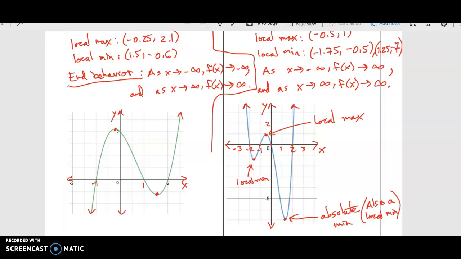It's the very bottom of the graph. Nothing goes lower than this point in this particular box, right? But when you look at the whole graph, nothing goes lower than this point. That's what makes it an absolute.